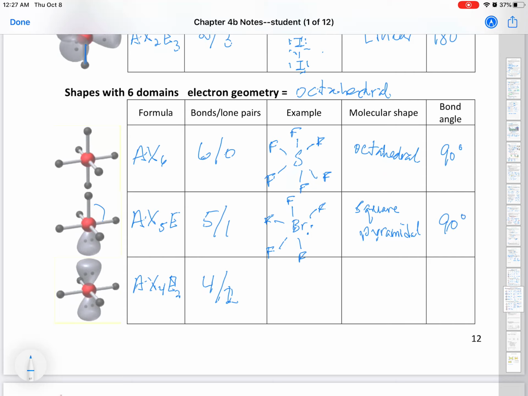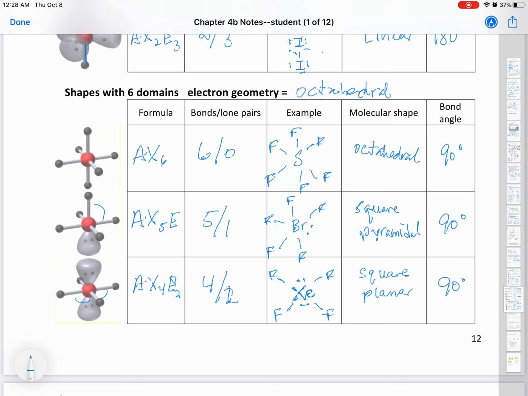And these bond angles are all still 90 degrees apart. And then this last one, an example is xenon tetrafluoride. It's called square planar. And still, the bond angles are 90 degrees between all of these.